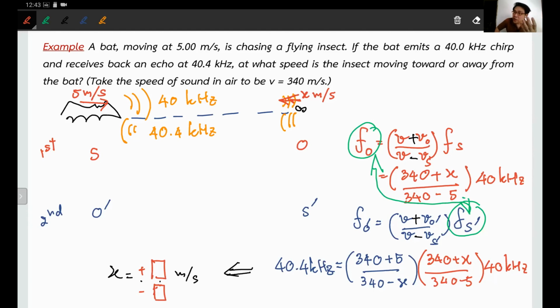This is exactly what police do when they use a speed gun to check the speed of a traveling car. They actually use the Doppler effect as well. So when they shoot one frequency toward the car, if the car is moving, the reflected frequency will shift. And then from that shifted value, you can calculate back what the speed of the car should be.